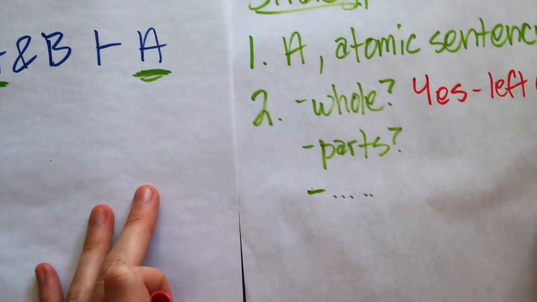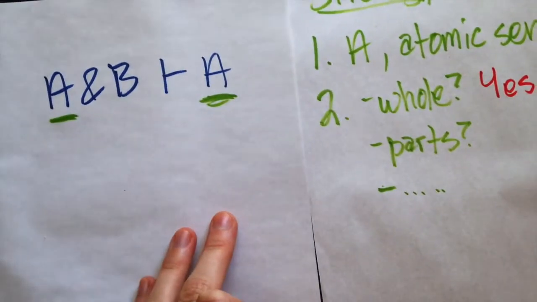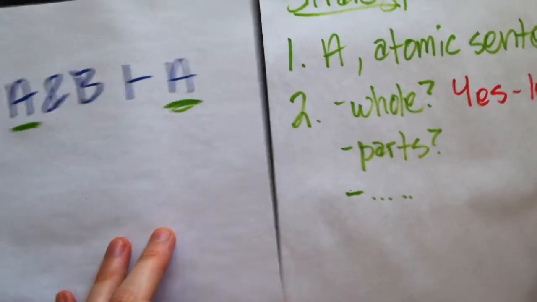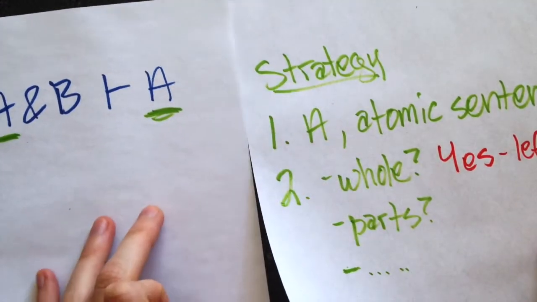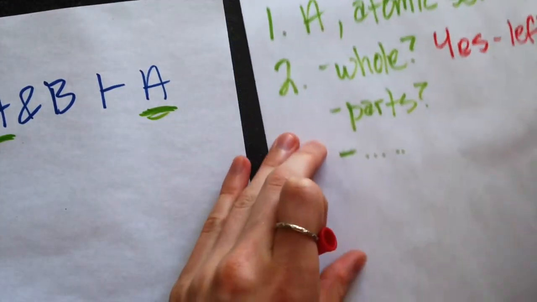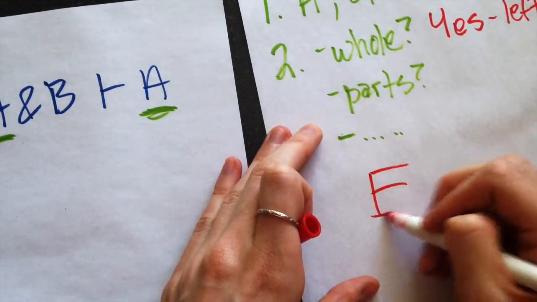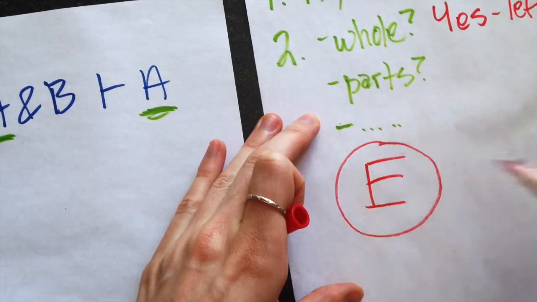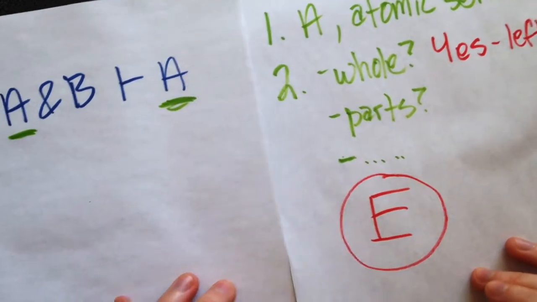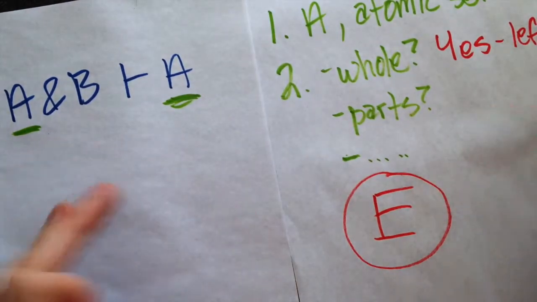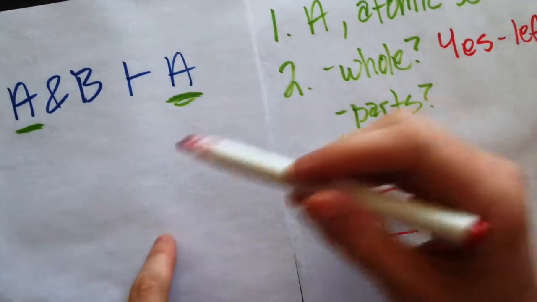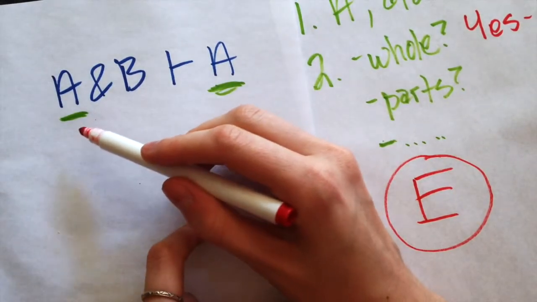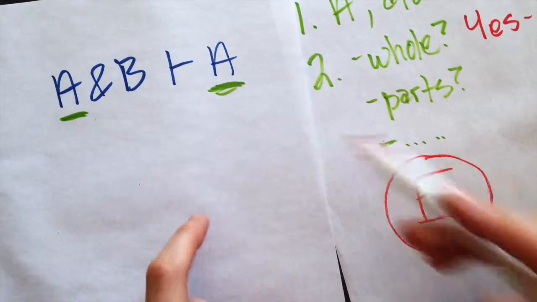So when your conclusion is embedded as a whole in the premise, that tells you, remember we're working on the overall strategy for the proof, that you're going to be using an elimination type strategy. Okay. That means your overall goal for the proof is going to be to use one of the elimination rules to break this conclusion out of the premises.